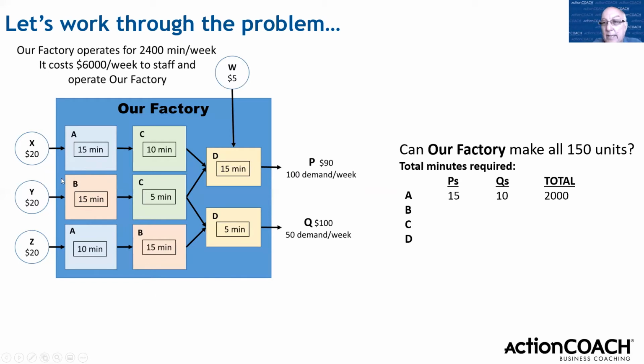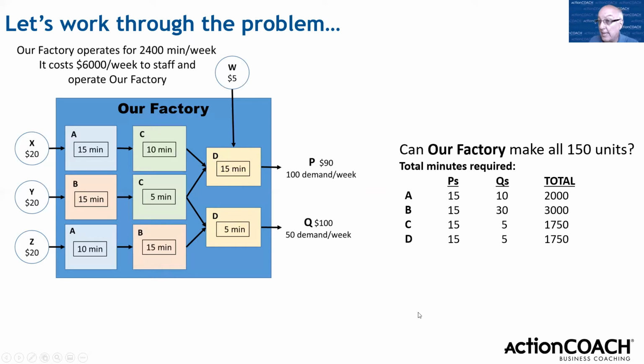For B, it takes 15 minutes and 30 minutes. See, because both Y's and Z's are processed in the Qs in section B. C's 15 minutes and 5, and D's also 15 minutes and 5.